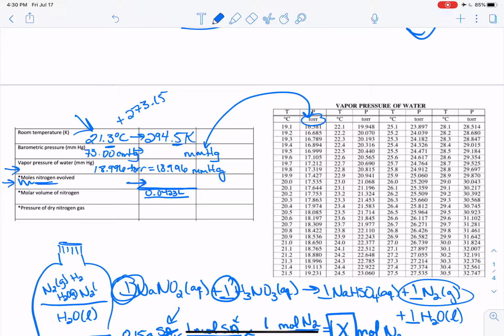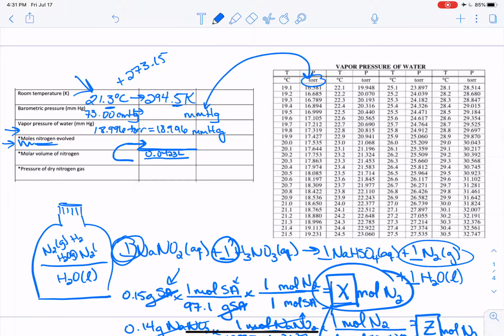Say we decided that X was the lower number, and that was the maximum amount of nitrogen gas that we could make, so that's the theoretical yield. You're going to put that on the bottom there, X moles of N2.